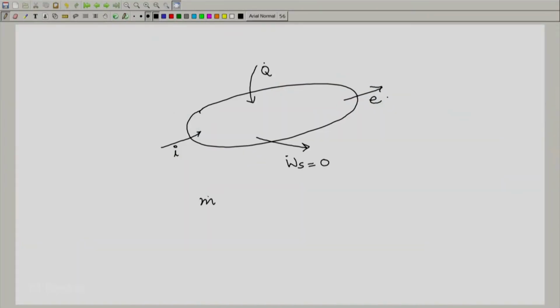and hence we can write down the following expressions for steady state. The mass flow rate m dot i is the same as m dot e, which is m dot, and this is conservation of mass. Let me write down the first law on another slide.